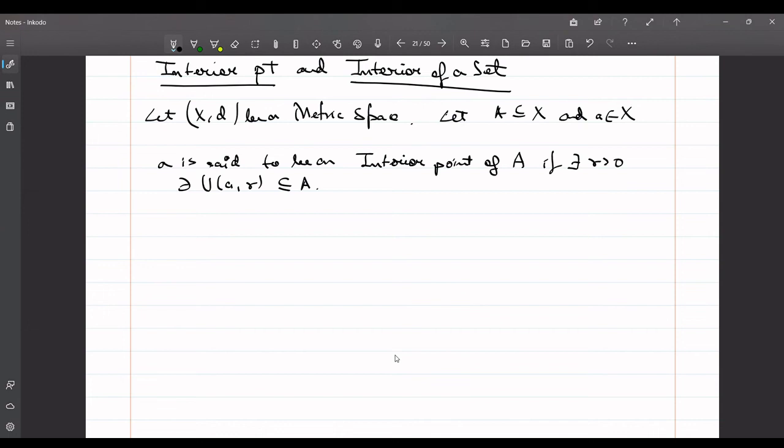Clear? The collection of all those interior points gives you the interior of a set. It is denoted by A naught.